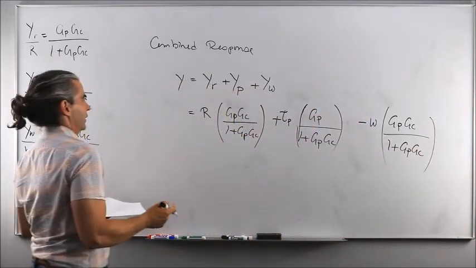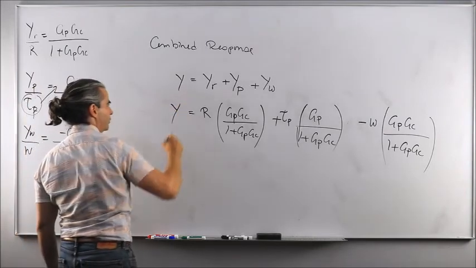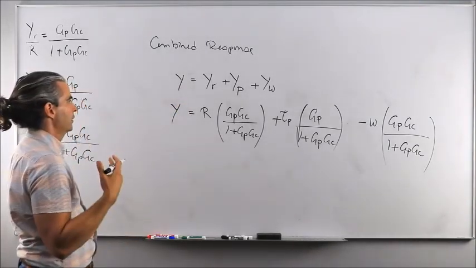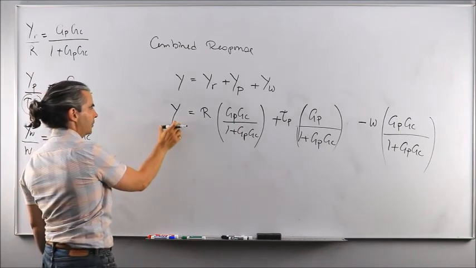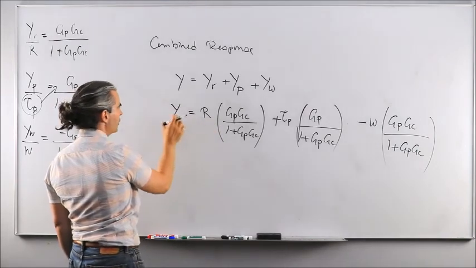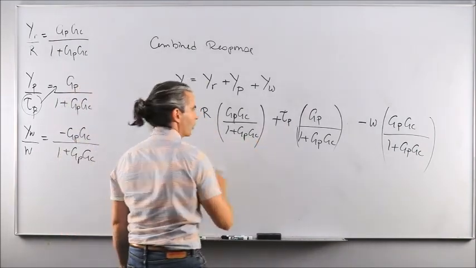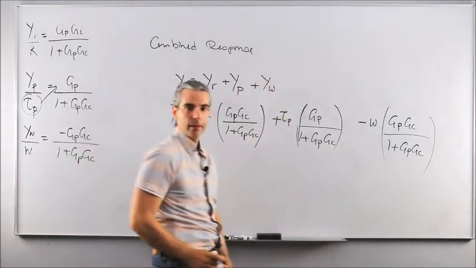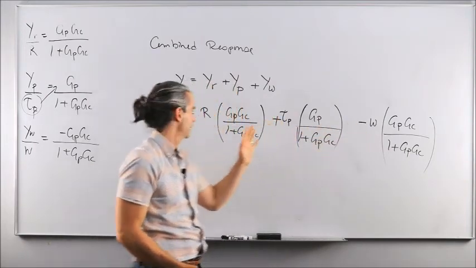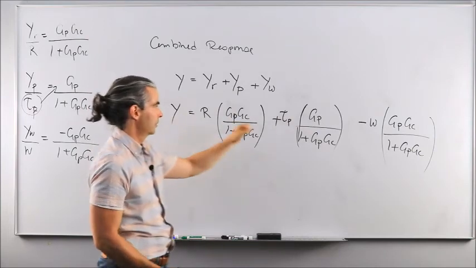So ideally, in the ideal world, what would we like to have? Would we rather have the output of the system follow the reference, or be equal to the reference, or equal to tau P, or equal to W? Well, those two things are nasty effects. We don't want our output to be equal to the perturbating torque.